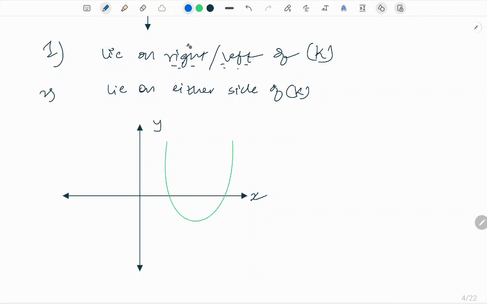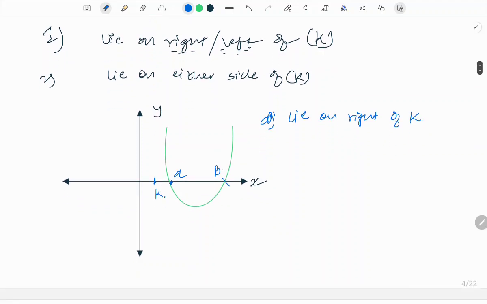And now it is said that both the roots lie on the right of k. So this is point k, and this is alpha and this is beta. So the roots lie on the right of k.